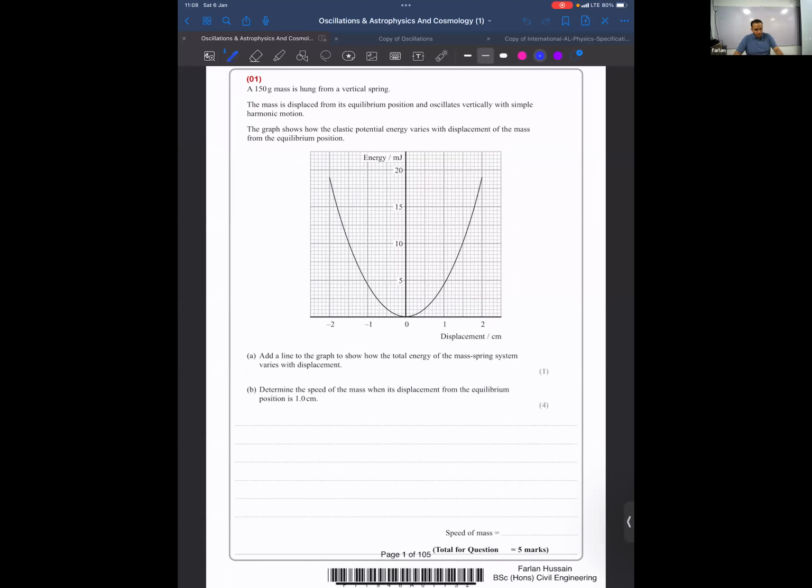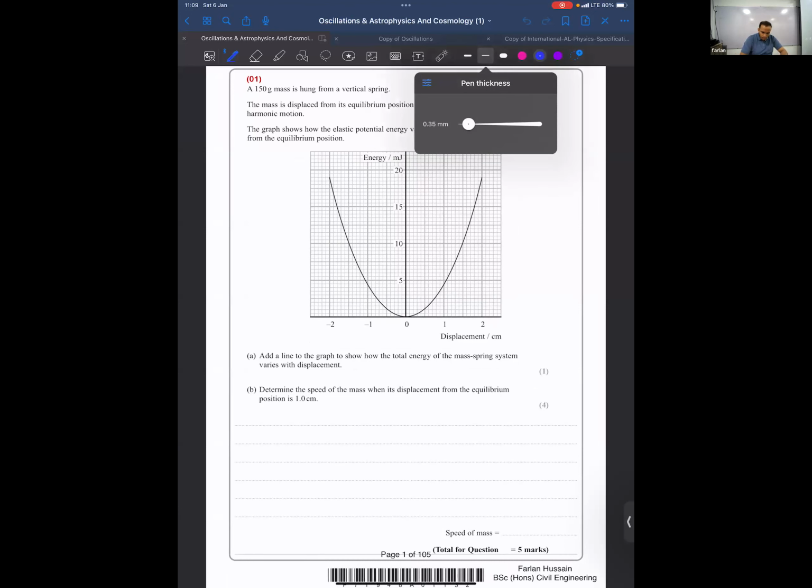The mass is displaced from its equilibrium position and oscillates vertically with simple harmonic motion. The graph shows how the elastic potential energy varies with displacement of the mass from the equilibrium position. Add a line to the graph to show how the total energy of the mass spring system varies with displacement.